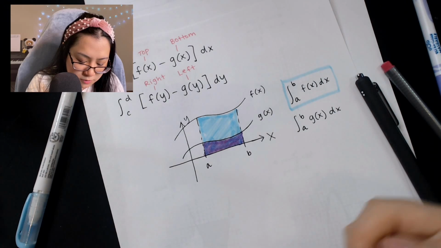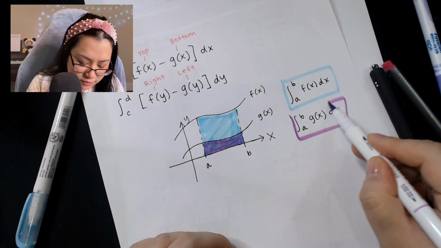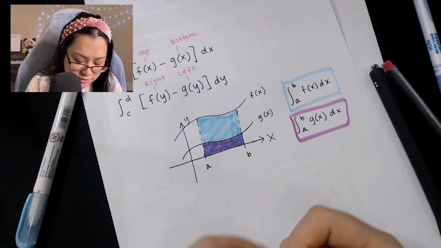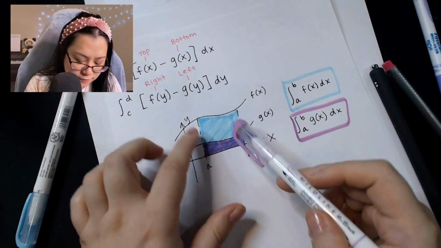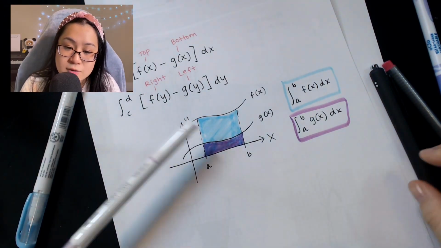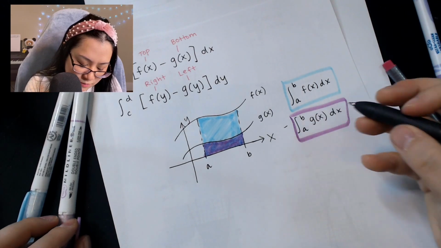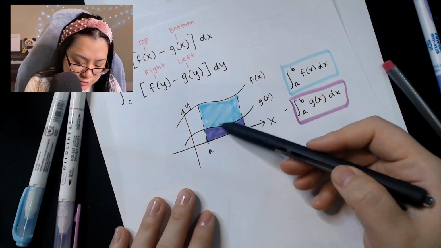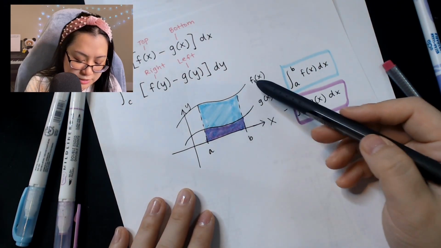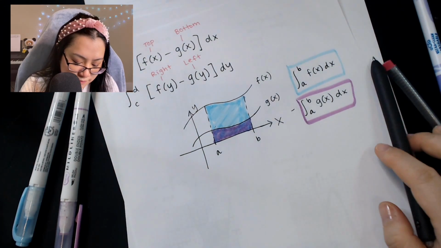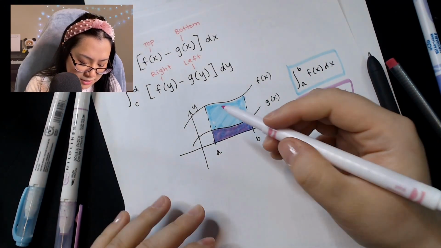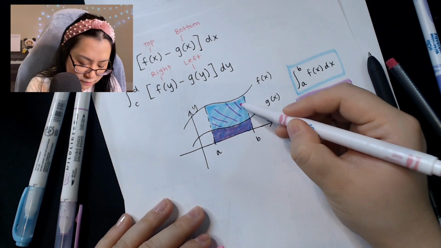Okay, so if I subtract this bit away from this whole thing, what am I left with? Well, I would be left with just the area here, which is between f and g. So I'd be left with what we are looking for.